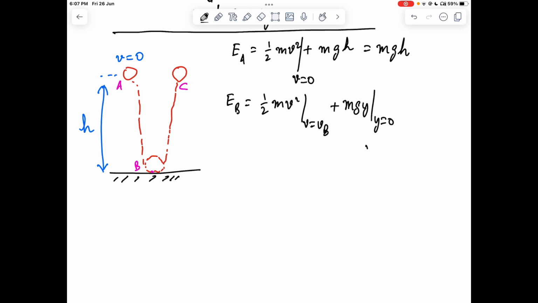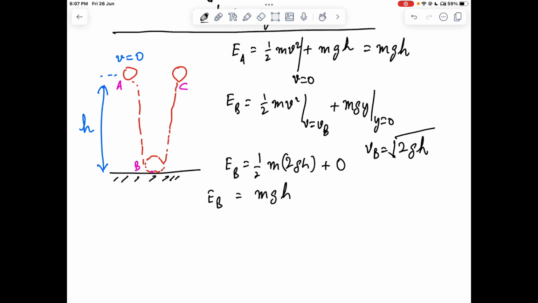And of course, v_B is quite simply the square root of 2gh. From kinematics of a particle, when the ball is dropped from a height h, initially the velocity is 0, then it attains a velocity of root 2gh. So E_B is equal to half m times 2gh plus 0, so we have mgh.